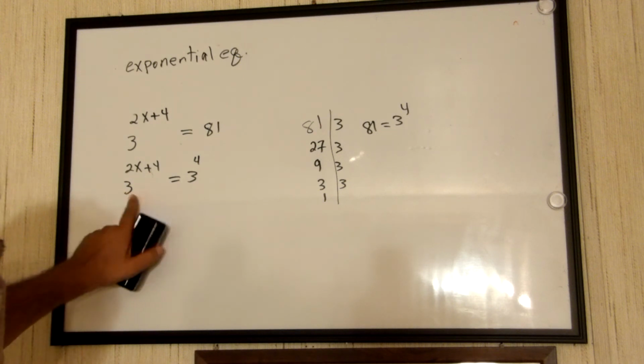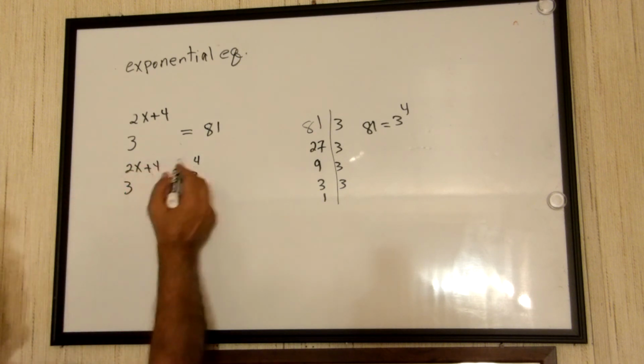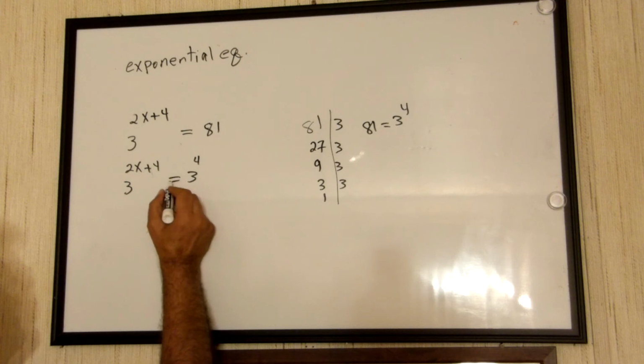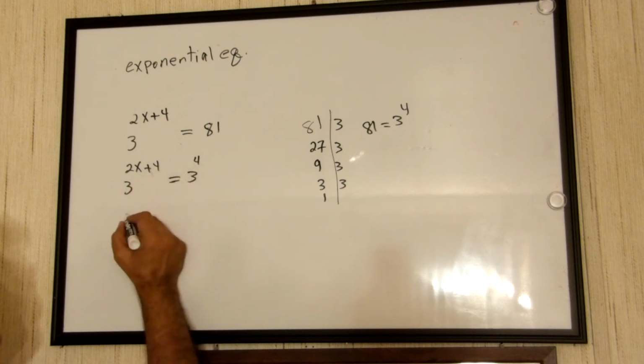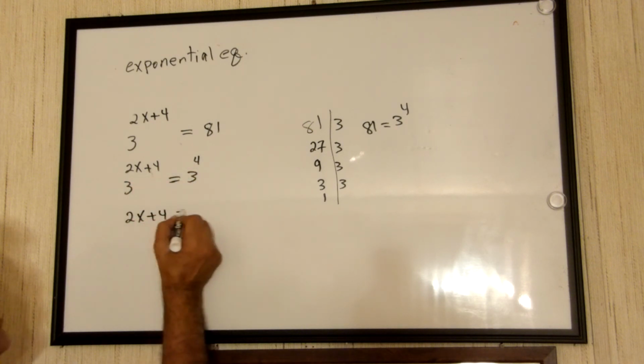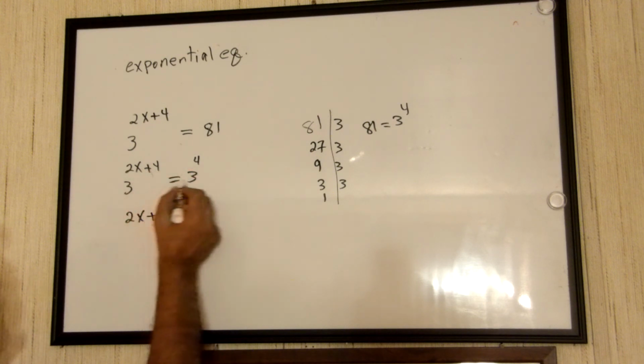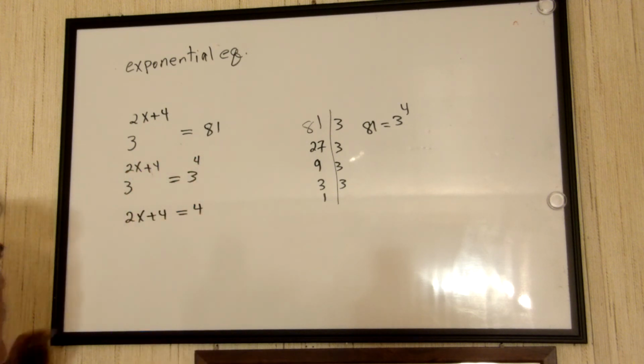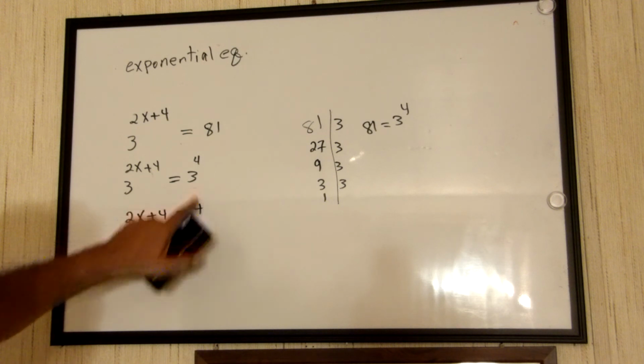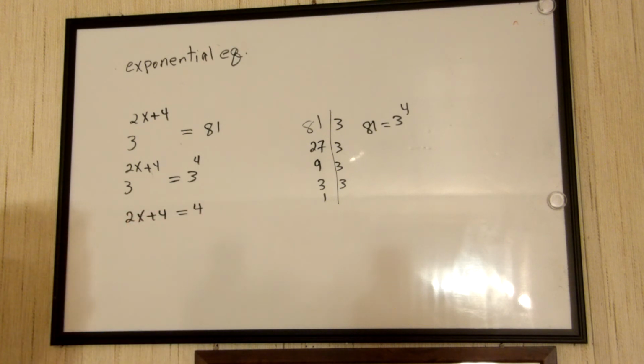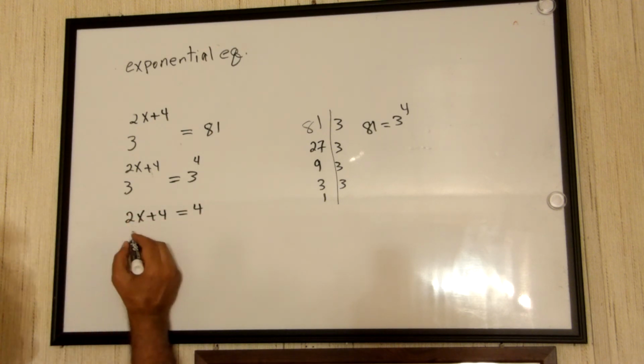So the bases are the same. Now we compare the exponents: 2x plus 4 is equal to 4. If the bases are the same, the exponents must be the same, because these two are equal.